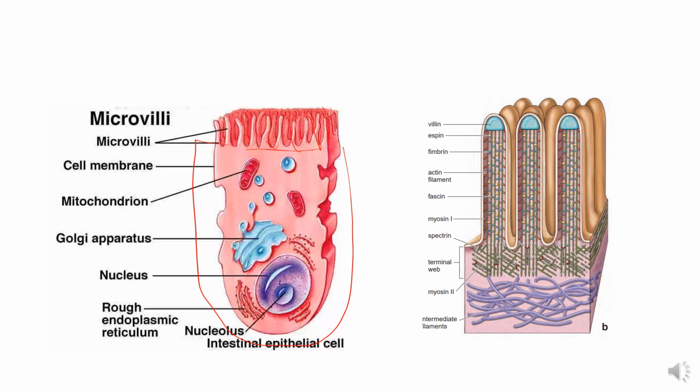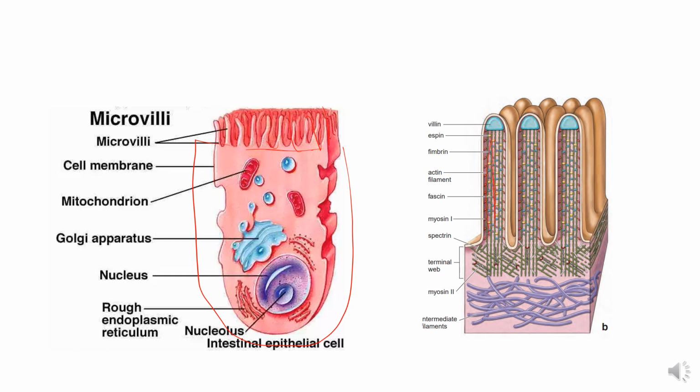These microvilli further increase the surface area of the small intestinal mucosa by a factor of 20 times. The electron microscopic picture of these microvilli shows the core of each microvillus is formed by a bundle of about 20 parallel actin filaments. Here you can see 20 parallel actin filaments.